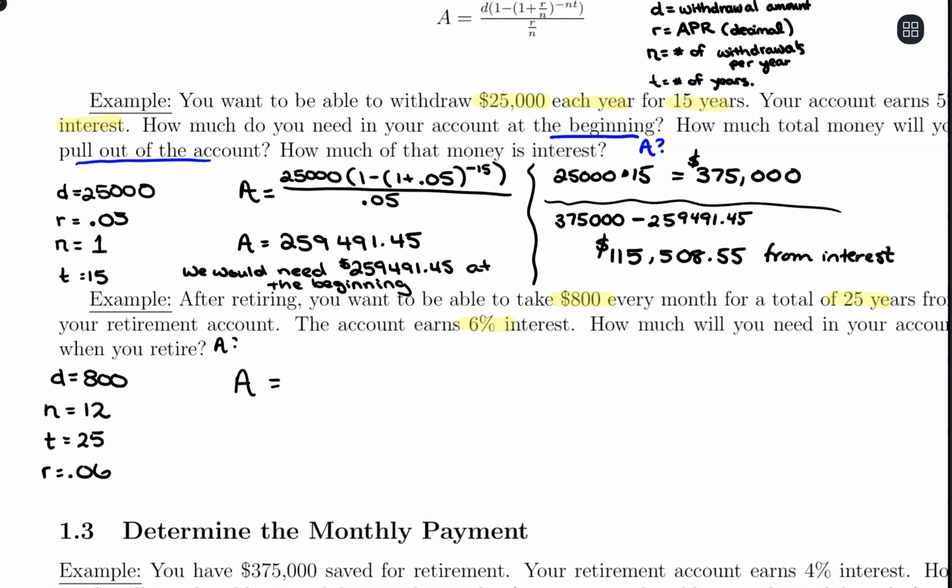So A equals 800, parenthesis 1 minus, parenthesis 1 plus 0.06 over 12, parenthesis to the negative 12 times 25, all over 0.06 over 12. And we're going to plug that into the calculator.